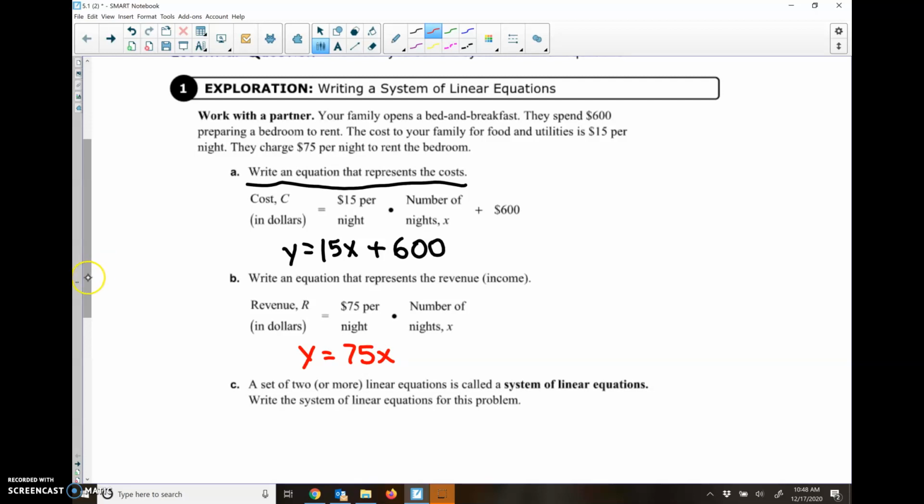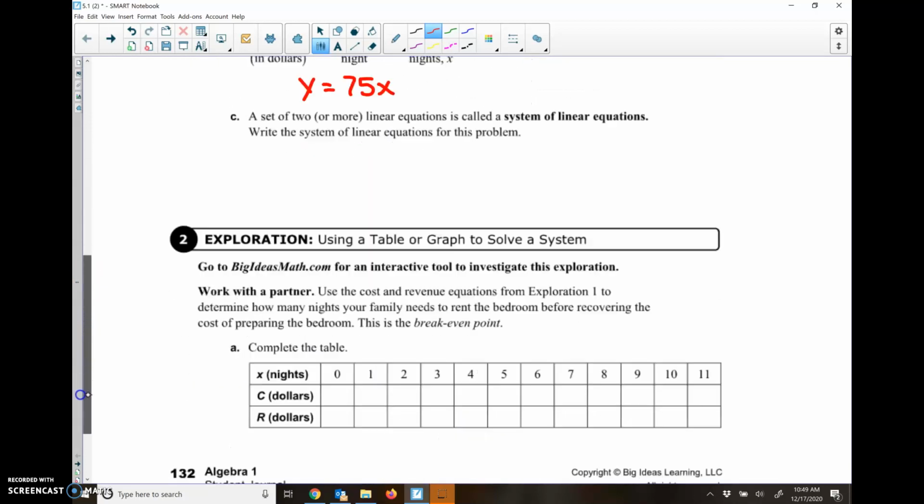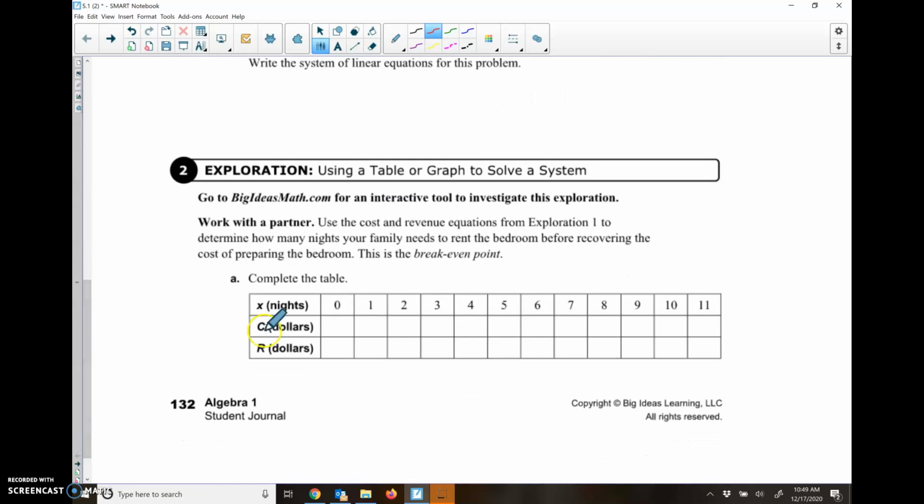So now we have to figure out, how long is it going to take them to start making money? Our cost, even if someone stays there 0 nights, still costs them $600 to get the room ready. So even at 0 nights, they're down $600.